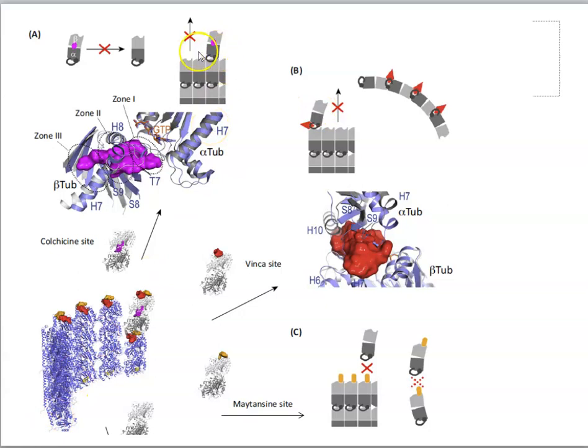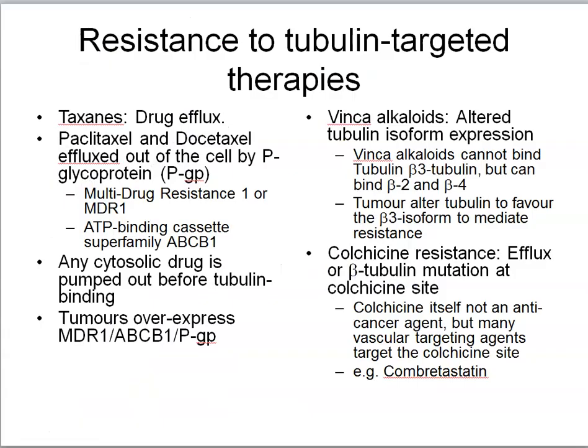Whereas the colchicine site is between the alpha and the beta subunits, so that when colchicine is bound, this will form an abnormal alpha-beta subunit, which again will prevent extension, or it will prevent the formation of an alpha-beta in the first place. Since mitosis is a prerequisite for tumour growth, you would think that these drugs shouldn't have any resistance, but they do have resistance, and it comes from various different sources.